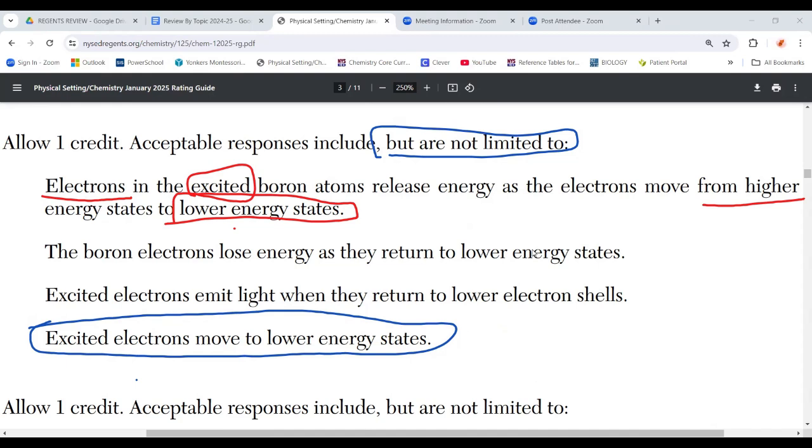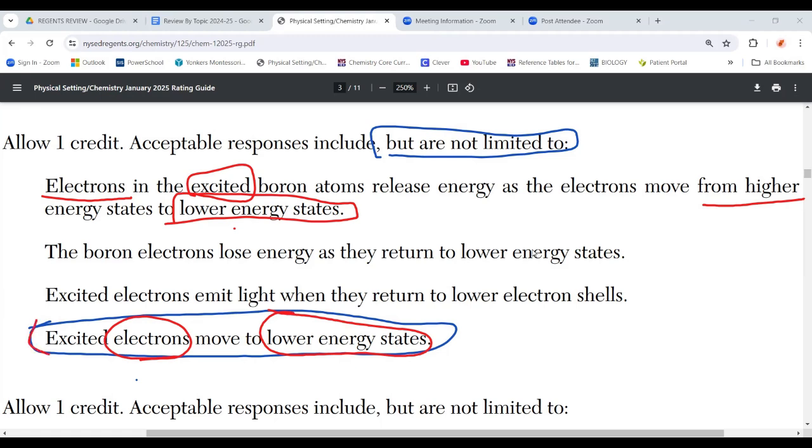So if you're looking at your answer when you're practicing by yourself and you didn't talk about the electrons or you didn't say anything about the energy levels, the energy states of low or high energy states, you're probably not getting the question right. Because even in their shortest answer, they made sure to use both the term electrons and something about energy states, because the question said you have to.